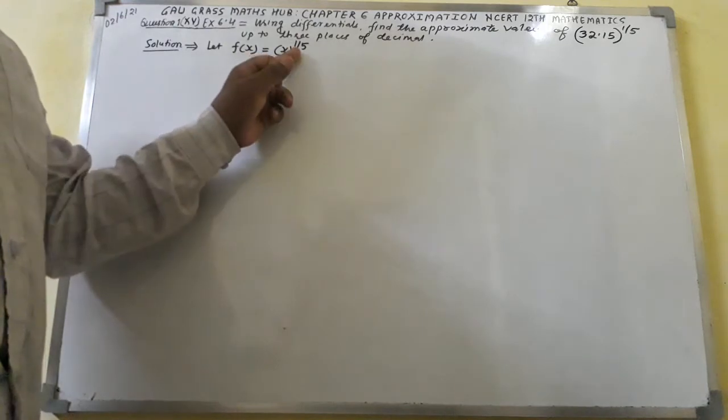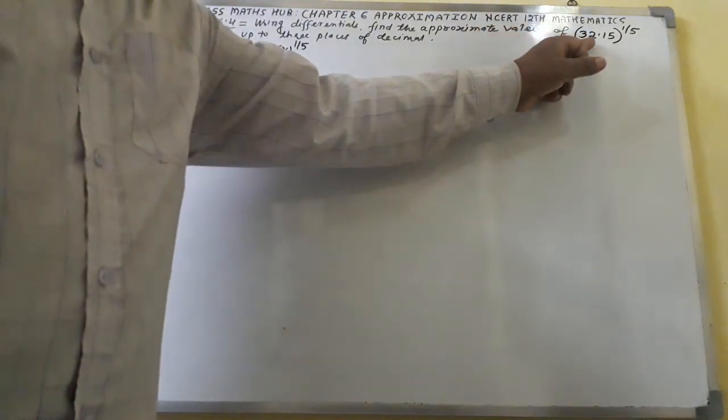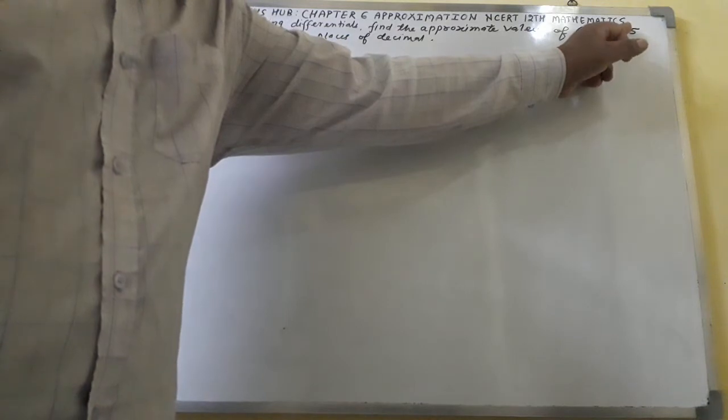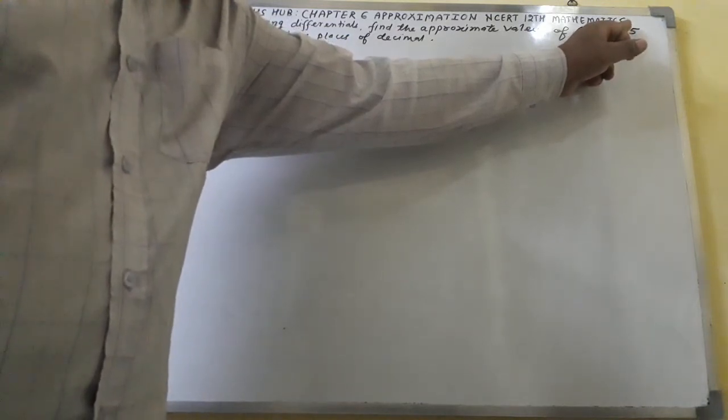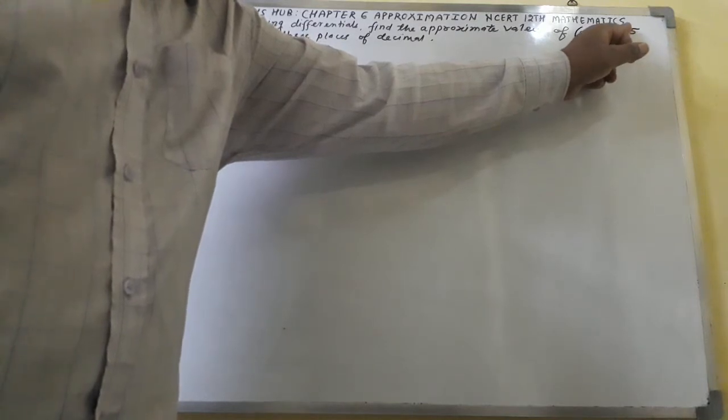The index is 1 over 5, and the same index 1 over 5 will be reflected here.